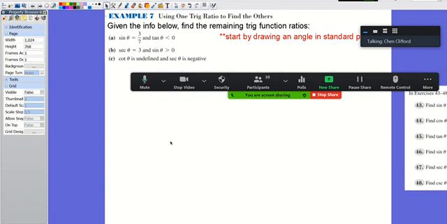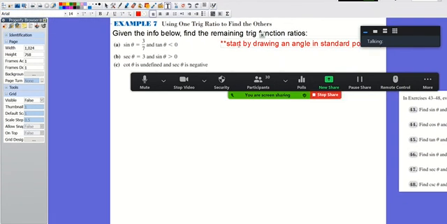Okay, as always, so let's start with A. Start by figuring out which quadrant the triangle is in and draw an angle in standard position.